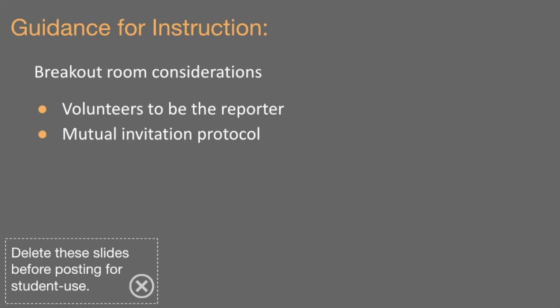they want to read. We also have the mutual invitation protocol, where if you set up your room to have one volunteer to be the reporter to share out their findings to the class during the wrap-up, the reporter will share their idea first, and after that person shares, they will welcome another person into the conversation using their first name.